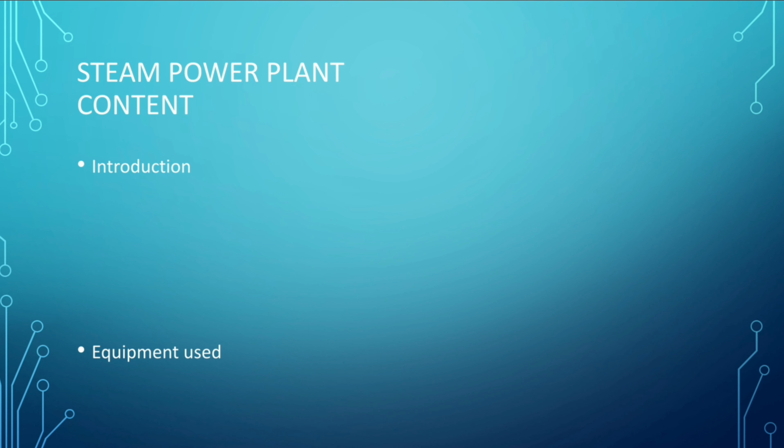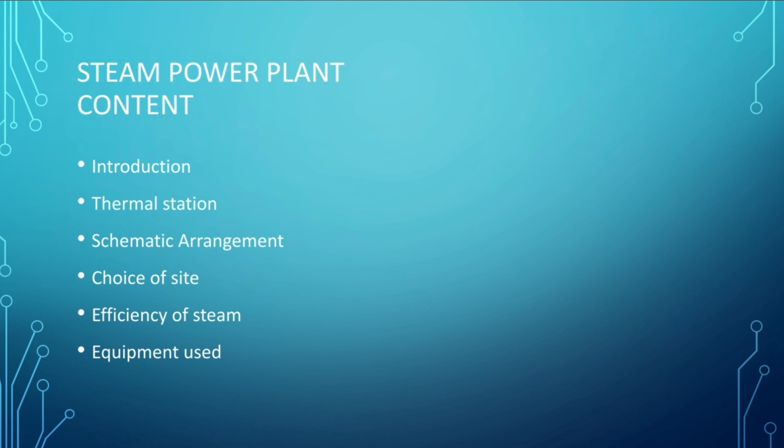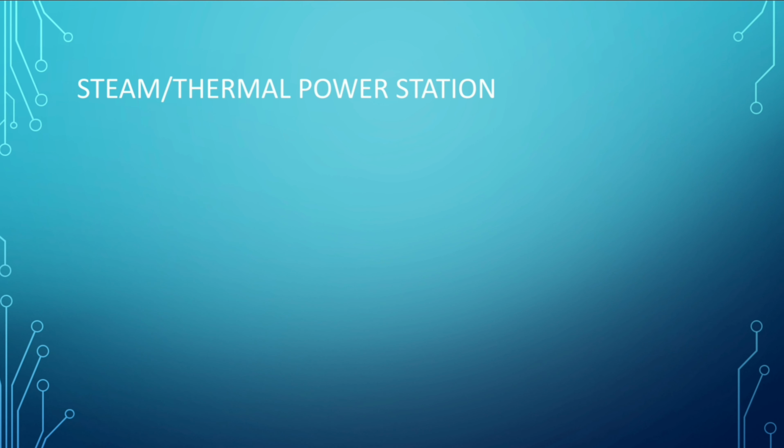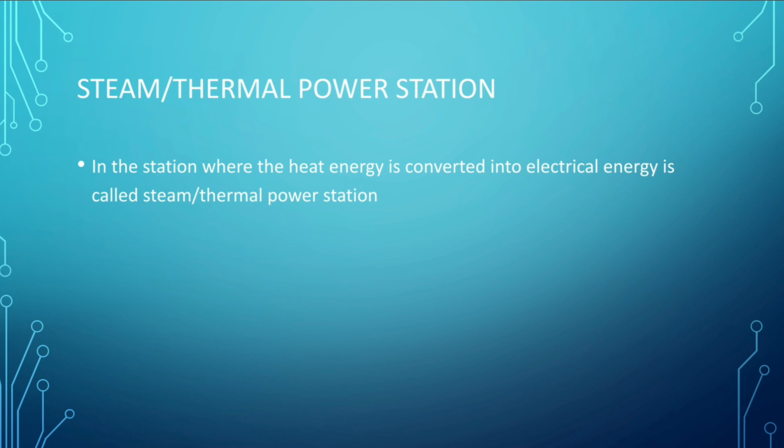Introduction, thermal station, schematic arrangement, choice of site, efficiency of steam or thermal energy, and the equipment used. So what is a steam or thermal power station? The station where the heat energy is converted into electrical energy is called a steam or thermal power station. The steam power station works on the principle of the Rankine cycle.